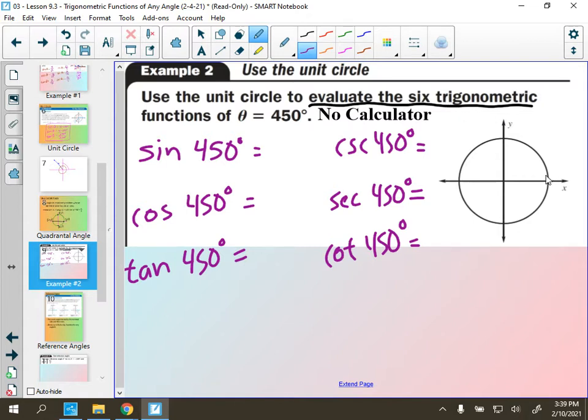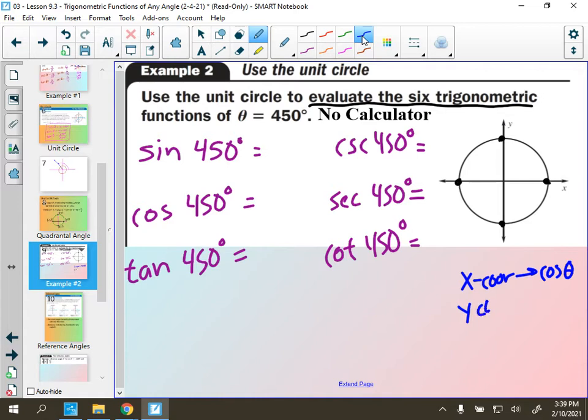you have to believe that we're probably going to end up on one of these spots, right? Because we said, I'll just rewrite it here: x coordinate equals cosine.